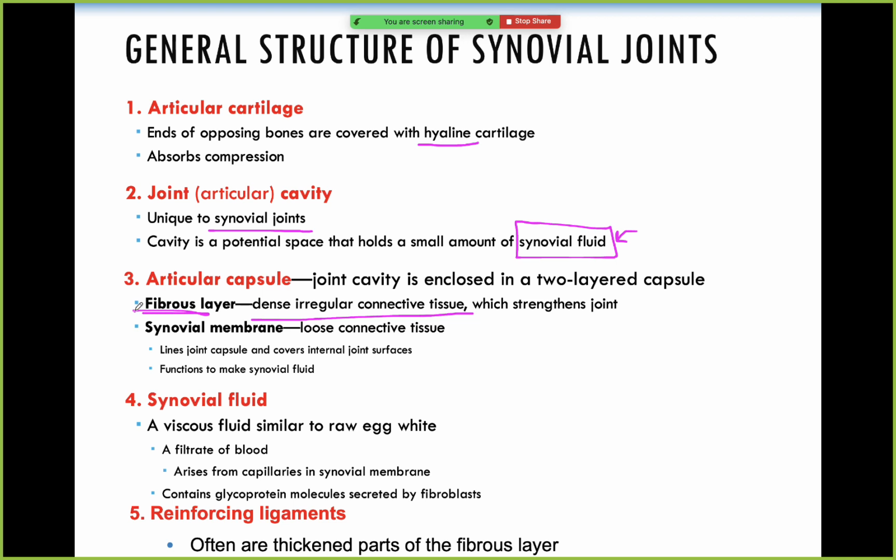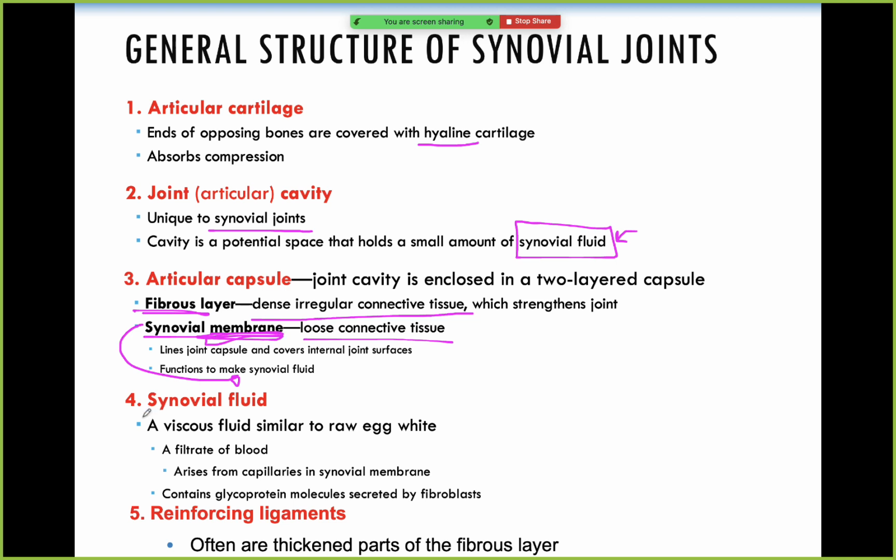Underneath it is your more delicate layer called the synovial membrane. It is made out of loose connective tissue. And what's really important to remember about the synovial membrane is that this is the membrane that actually makes synovial fluid.